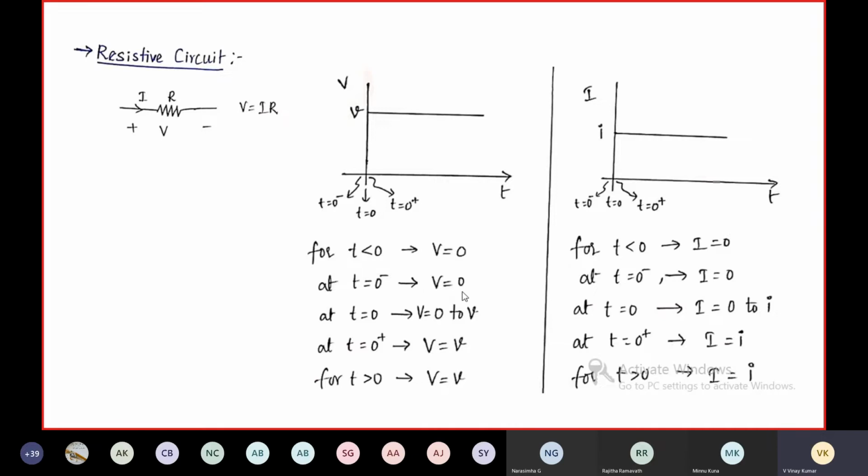At t is equal to 0, voltage is jumping from 0 to V, so current is jumping from 0 to I. At t is equal to 0 plus, voltage is V, so current is I. For t greater than 0, the current waveform follows the voltage waveform, just with the multiplication factor of R. That's why, because of this relationship in the case of a resistor, the current waveform follows the voltage waveform.